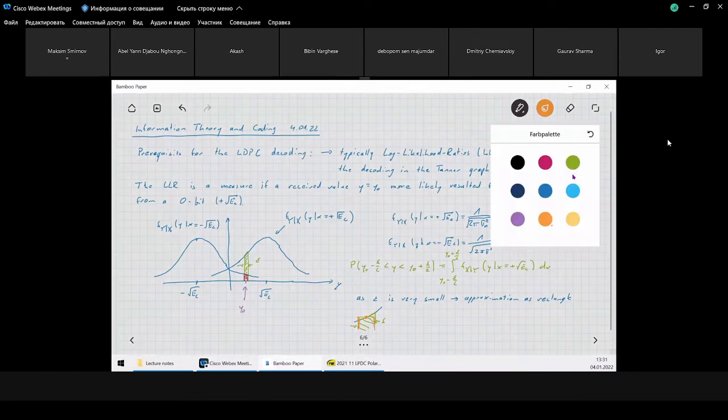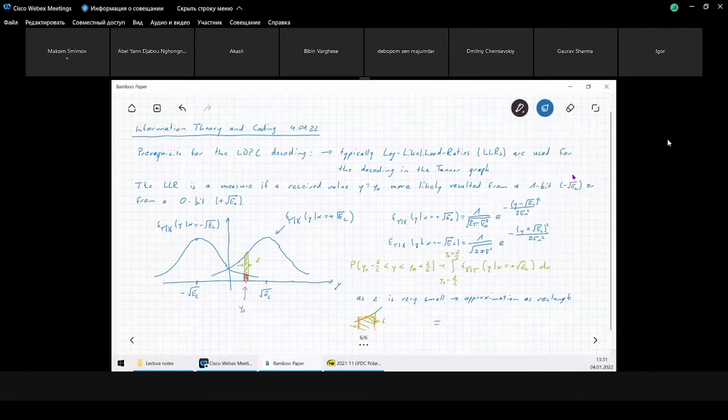So this means we use here approximately equal to simply fy given x. Oh wait, it's fy given x. Here we have a mistake. Careful with this one here.